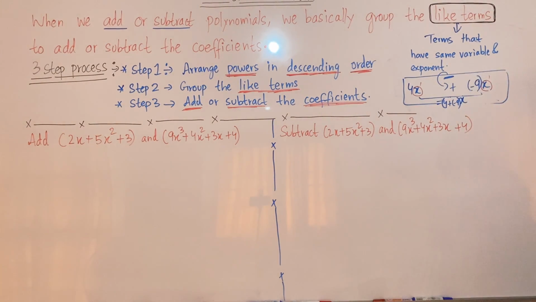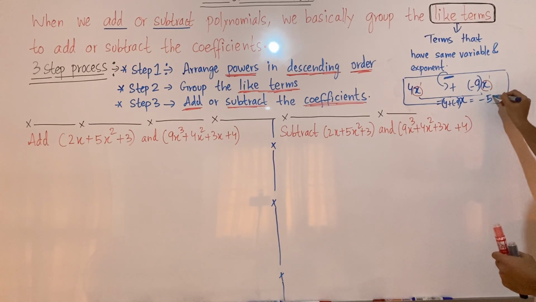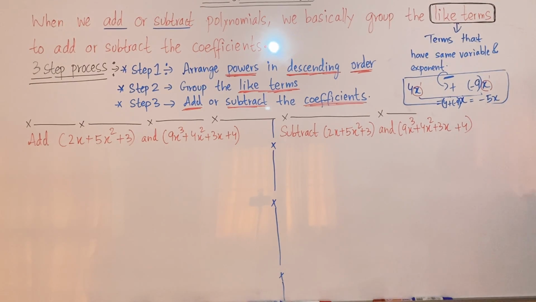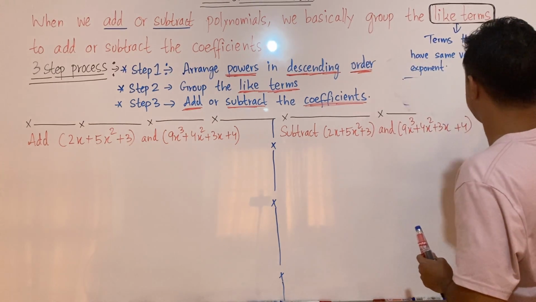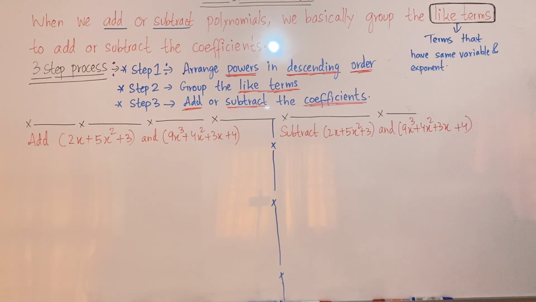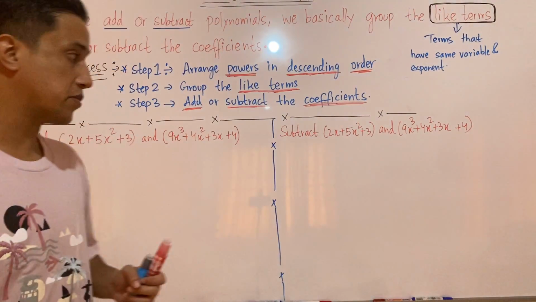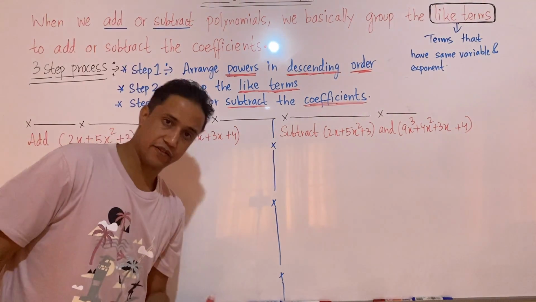It's the same. Okay, so 4 minus 9 would be minus 5x. Okay, I hope this thing is clear to you. Okay, so like terms means the terms that have same variables and same exponents. Okay, now I've got some problems for you.